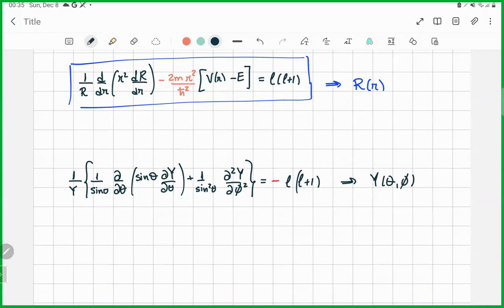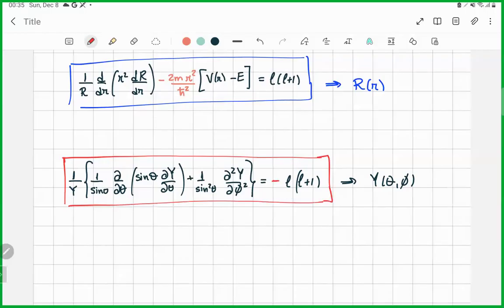Well, but to solve this equation, there is one more detail. This is an equation for a function of two variables, theta and phi. Can we split? Yes, we can. We can split it to find the solution in an easier way.